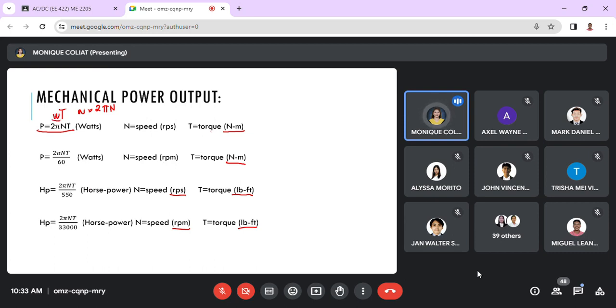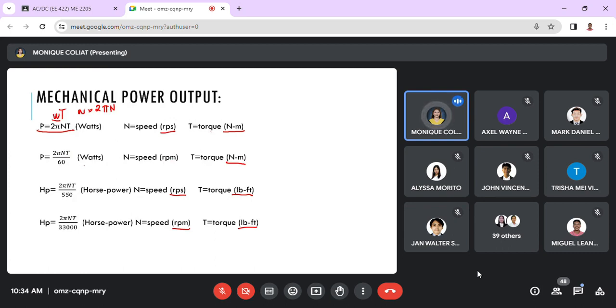Kaya nga siya ay omega T, or angular velocity times torque, wherein your n, or the speed, is in terms of revolution per second, and your torque is in Newton meter. Then, we have here 2 pi nT over 60, wherein your speed is in RPM, or revolution per minute, and your torque is Newton meter.